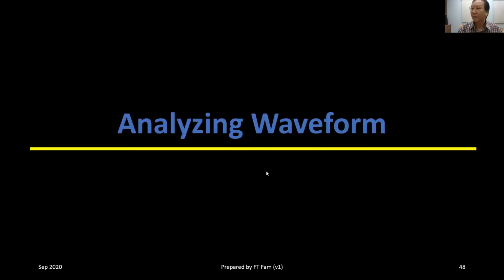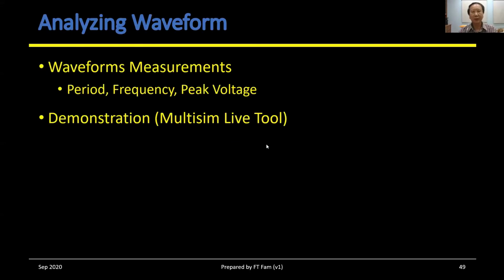So today we are going to do more demo and more hands-on rather than theory. We are going to do analyzing of the waveform. First of all, we have some theory on what the period is, how you measure period, how you measure frequency, and how you measure the peak voltage of a sine wave or a square wave. Then we are going to do a live demo of the oscilloscope.